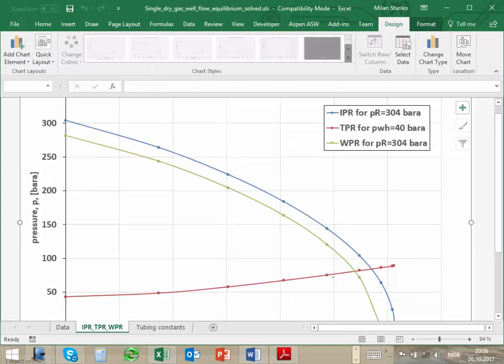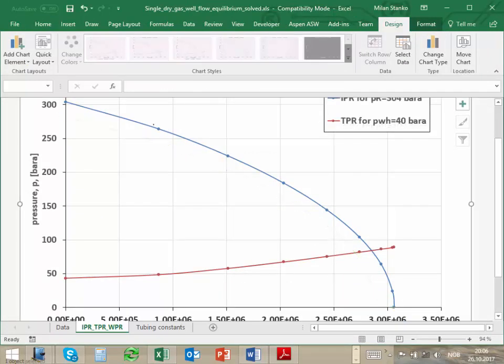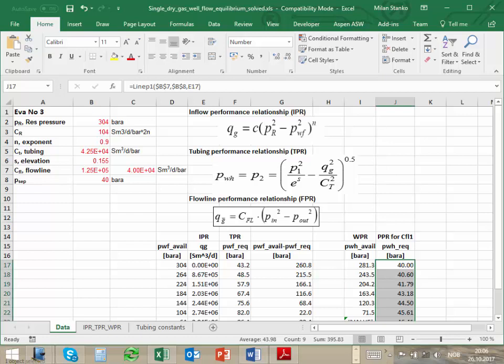Okay, and we had this intersection. Let's remove WPR from here, don't care, and we have IPR versus TPR. But this TPR, I had a CT. And if you remember, CT was a function of average deviation factor and average temperature.